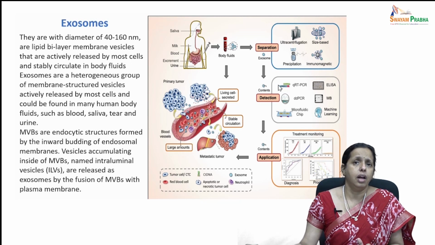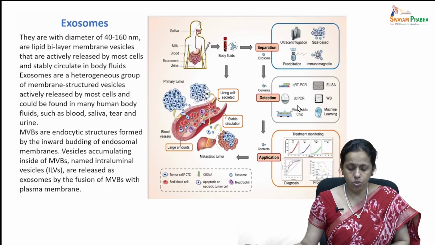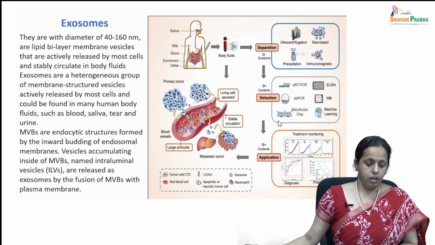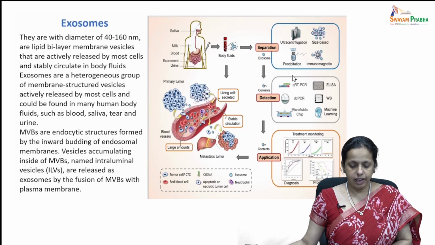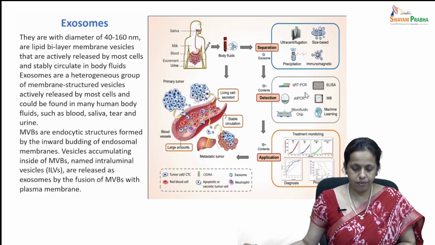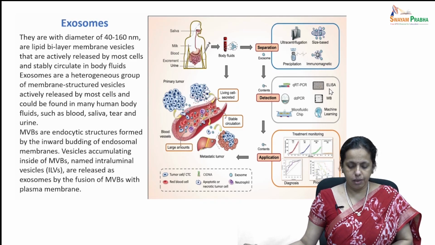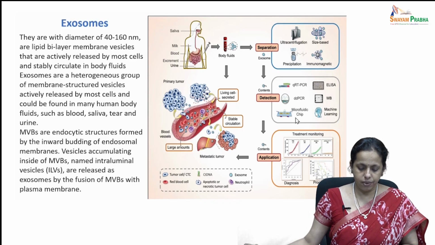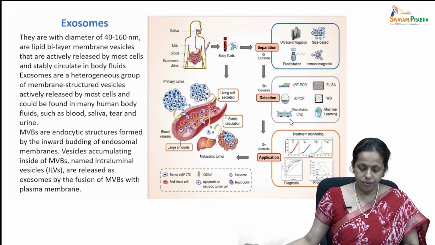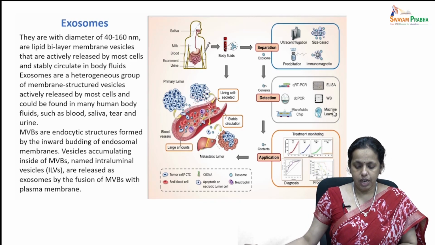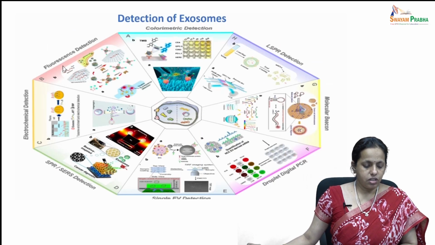This is very important. After they are detected, you can use NGS, qPCR, RT-PCR, ELISA, digital PCR, Western blotting, and even microfluidic chips which can detect exosomes. So how do you detect exosomes?